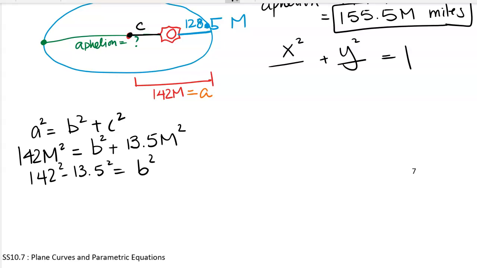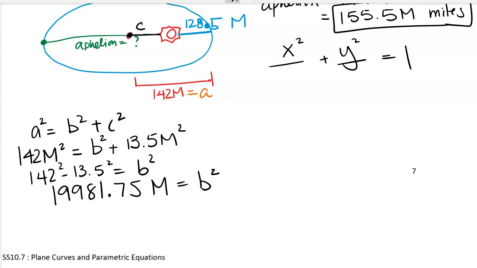Okay, 142 squared minus 13.5 squared. 19,981.75 million miles, right guys? Because all the M's are still there? Yes, no, maybe? Okay, we don't need to simplify this out again. If you want to write out 6 zeros after that, you go for it. But I'm not going to.